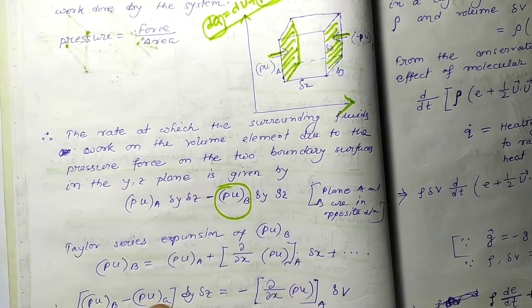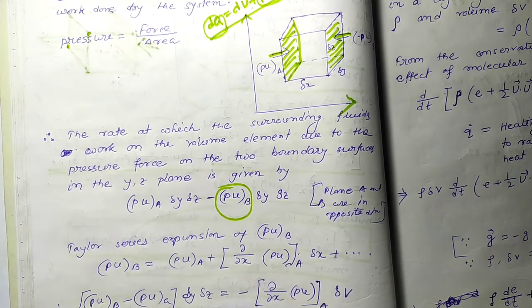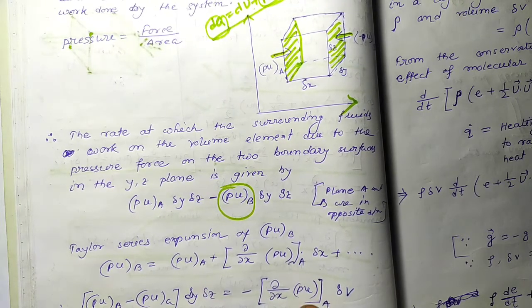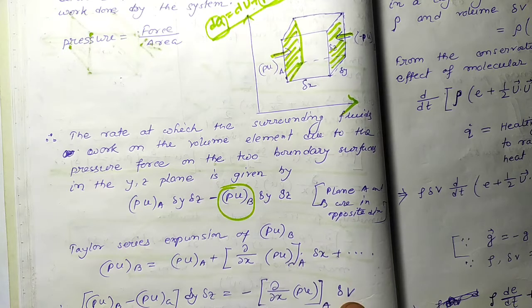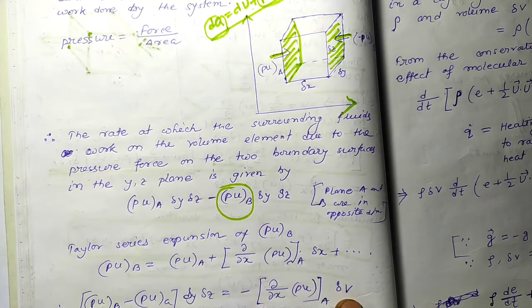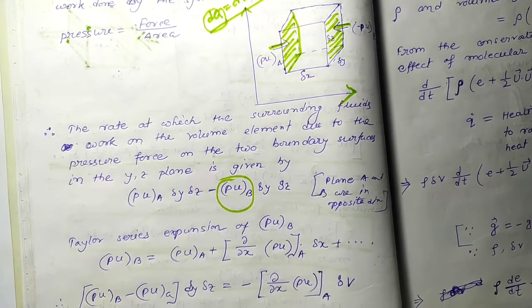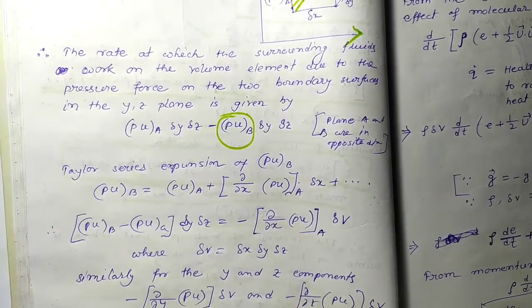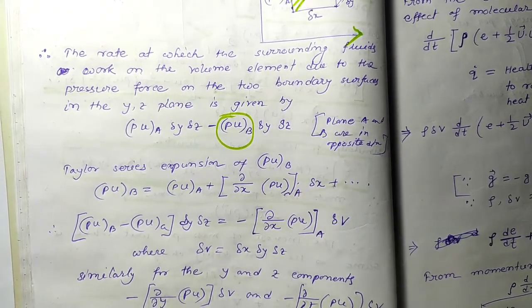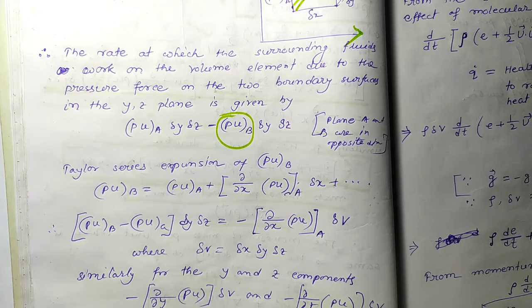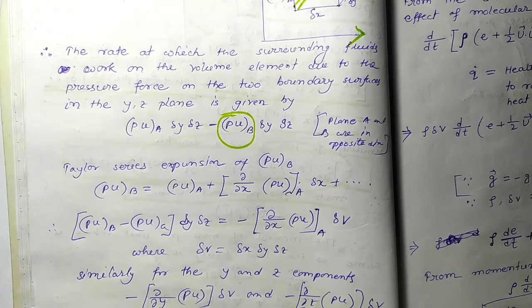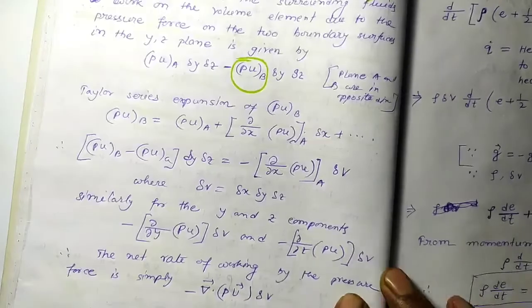Neglecting the higher terms, we can write (Pu_b minus Pu_a) dy dz, that is delta y delta z, equals del/del x of Pu at surface A and delta V, the volume element delta V. Similarly, for the y and z components, we can write minus del/del y of Pu multiplied by the volume element, and minus del/del z of Pu multiplied by the volume element.